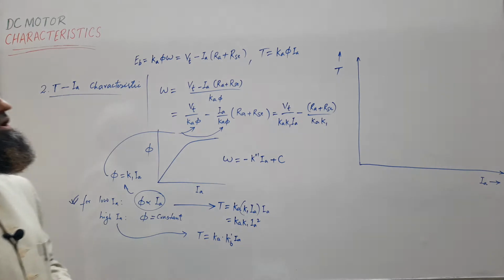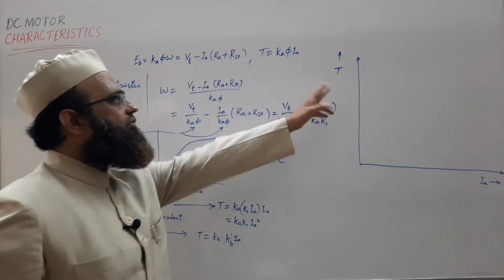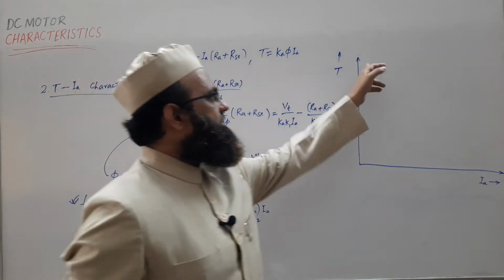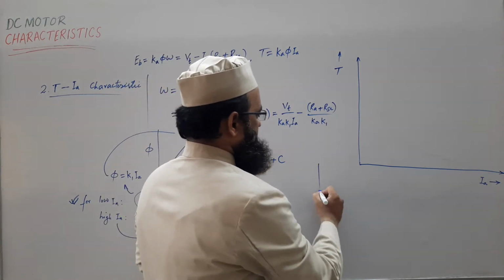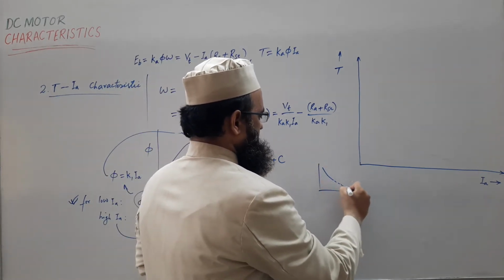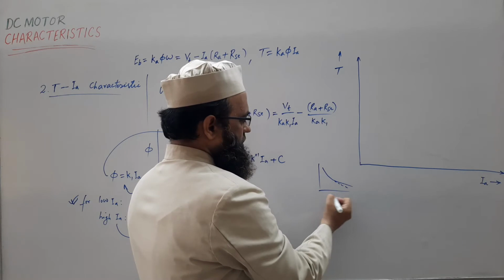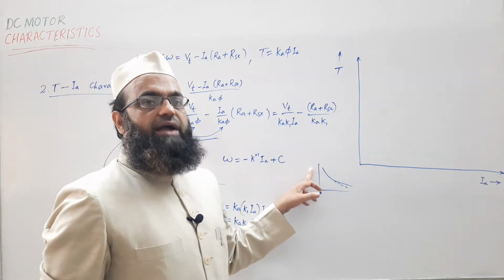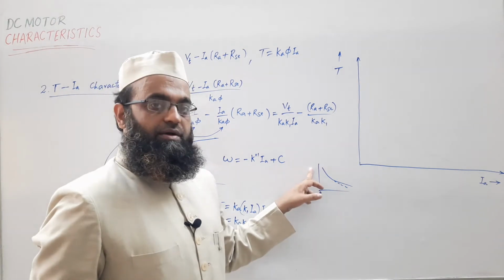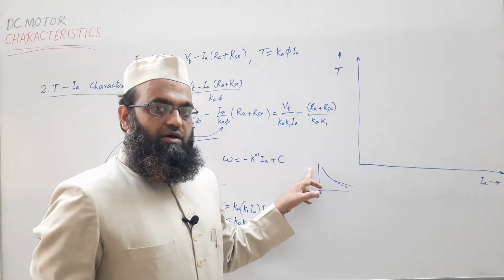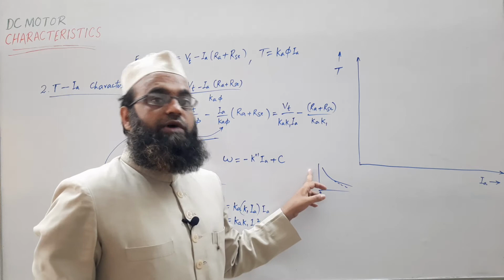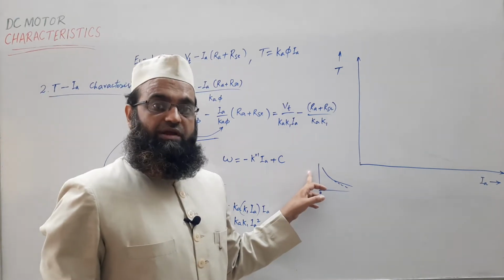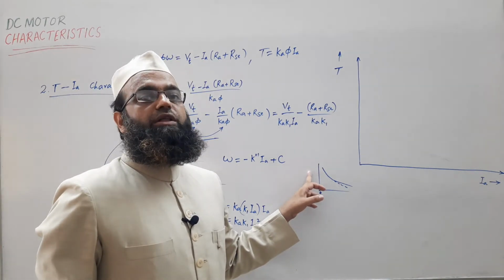Before this torque, we have the plot of speed versus Ia, and we have seen that the characteristic was like this, a straight line. For a lower value of Ia, we have discussed that the speed is dangerously high. That's why DC series motors are never started or operated without loading the motor.